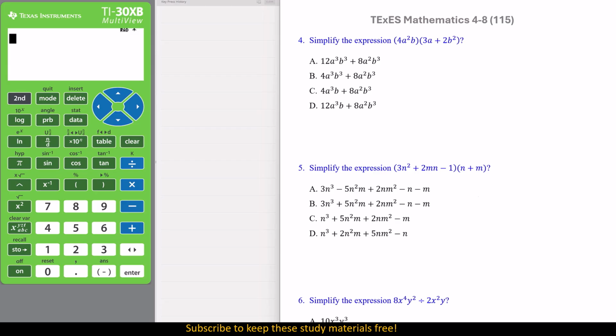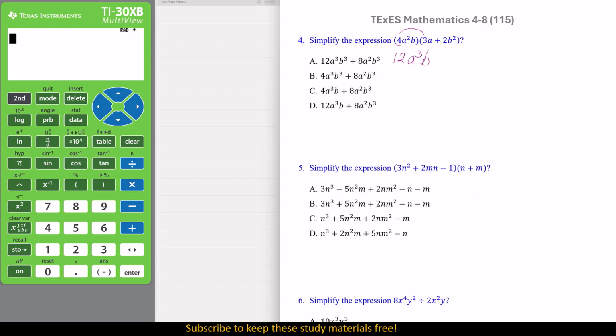Number 4, simplify the expression 4a squared b times 3a plus 2b squared. Well, let's begin by looking at when we distribute each of the coefficients. First we will have 12 and then a squared times a is a to the third, and then b just tags along because we don't have another b to multiply to.